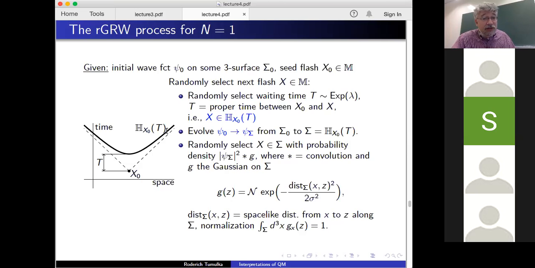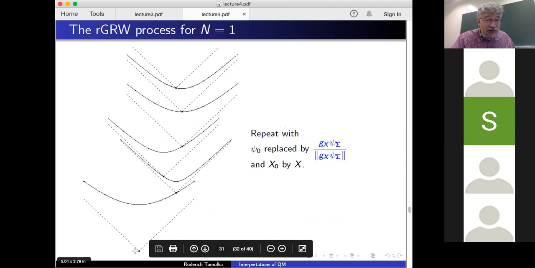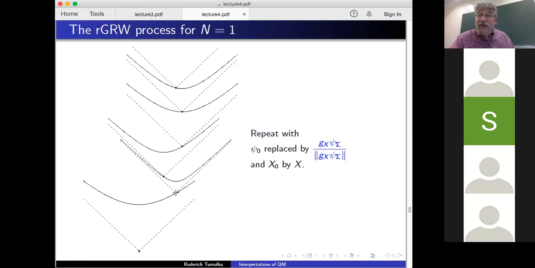That gives you the probability distribution on this hyperboloid. You choose a point on this hyperboloid according to this probability distribution, and then you repeat the story. So this was my seed flash, a given space-time point. This was my hyperboloid. I choose a random point, let's say this one here, on my hyperboloid. That's my next flash.